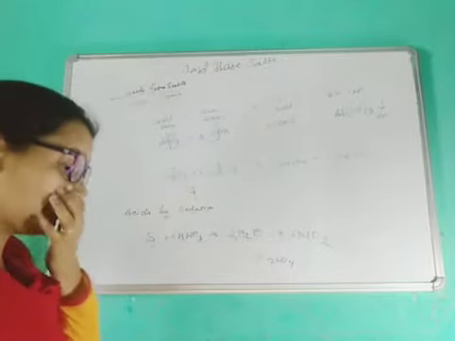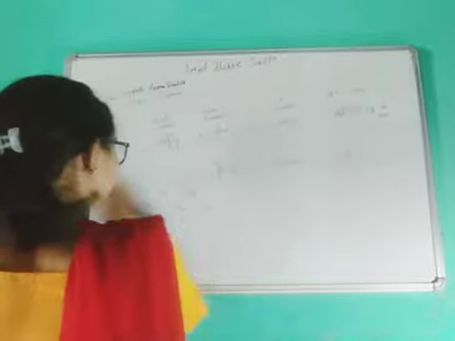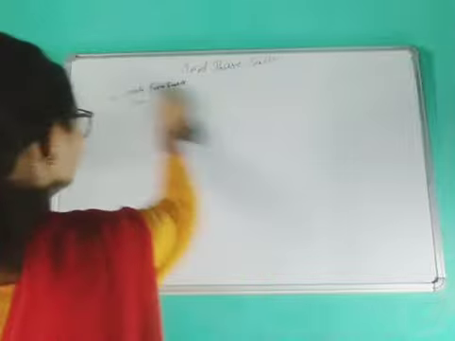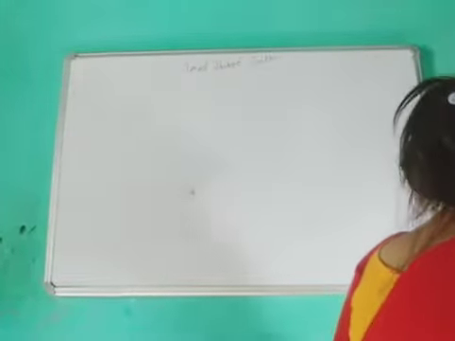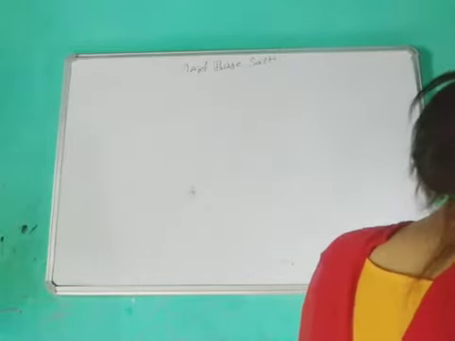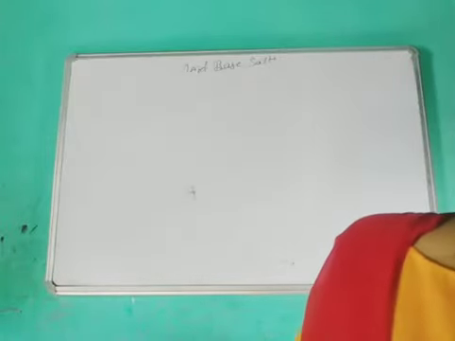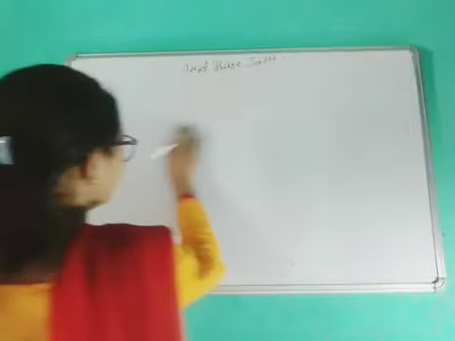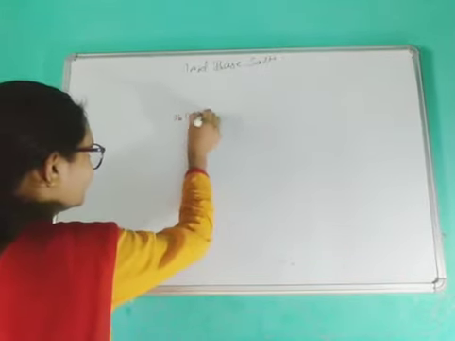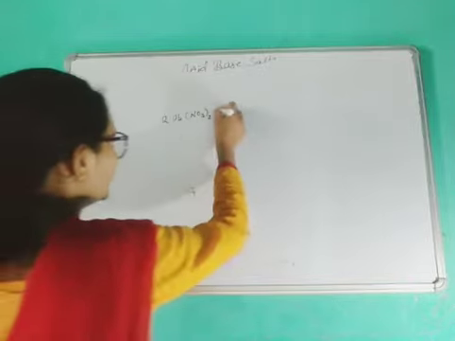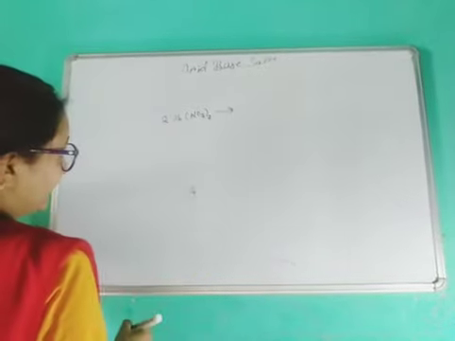Okay, and if we talk about bases, what will happen there? For example, we take Pb(NO3)2. 2 molecules of Pb(NO3)2.